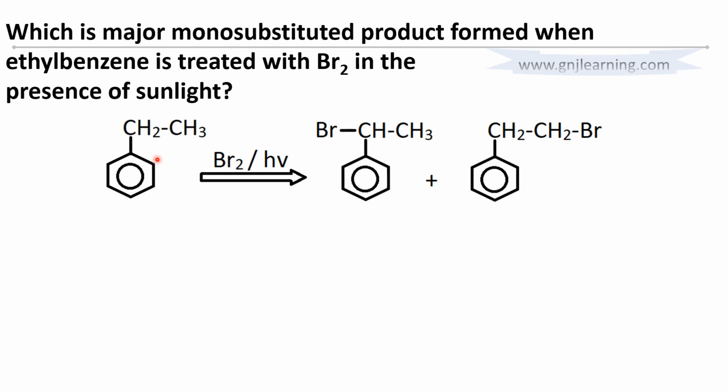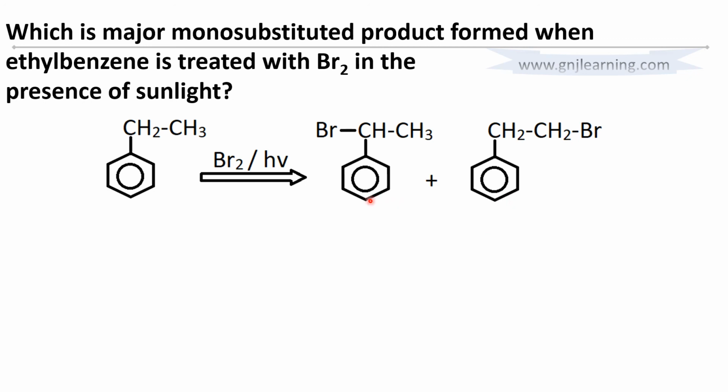Clear? So the initial substitution will take place on the alkyl chain, and the possible monosubstituted products, the two, are one on the secondary carbon and the other on the primary carbon. Among these two, which will be the major monosubstituted product?